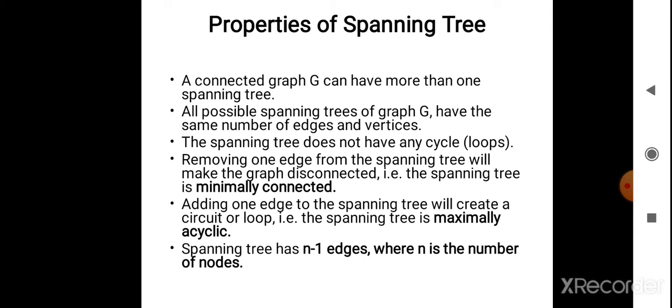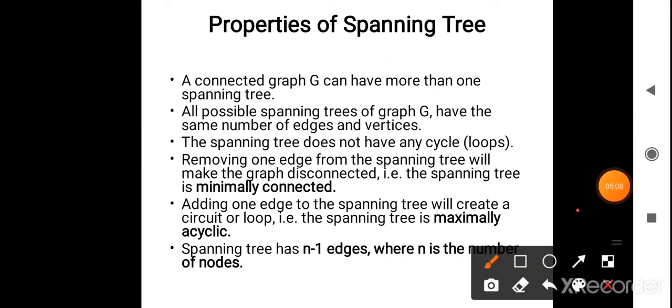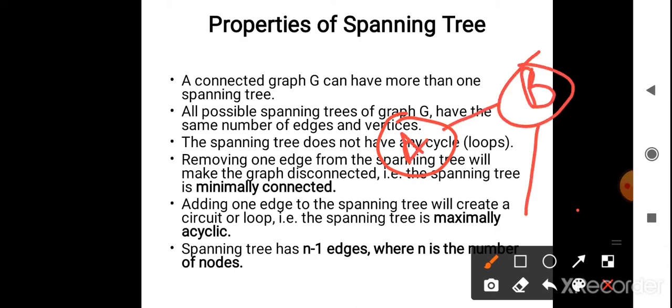The next point is that adding an edge to the spanning tree will create a circuit or a loop. Suppose this is a spanning tree A, B, C. If we add a new edge to this, connecting A to C, then it forms a circuit or a loop.